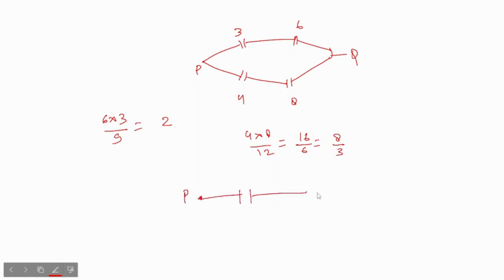The point P, the point Q, they both are in parallel, having equivalent capacitances 2 and 8 by 3, right? You can do it and find the equivalent capacitance. So this was the case of balanced Wheatstone bridge, how to find net capacitance between 2 points. Okay, thank you.